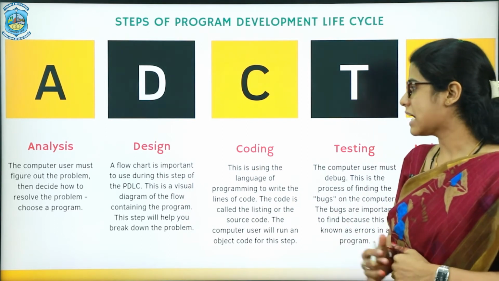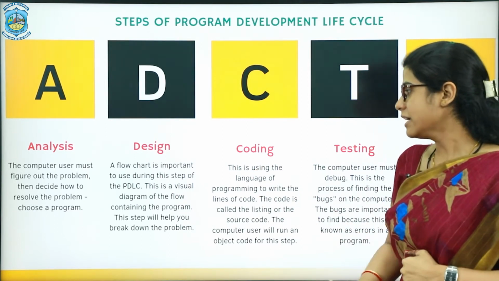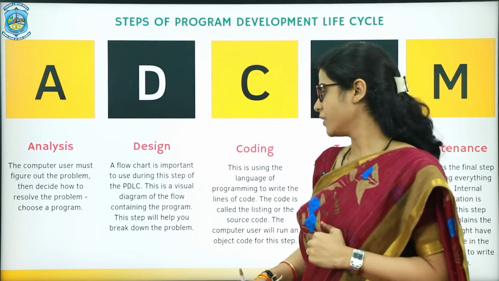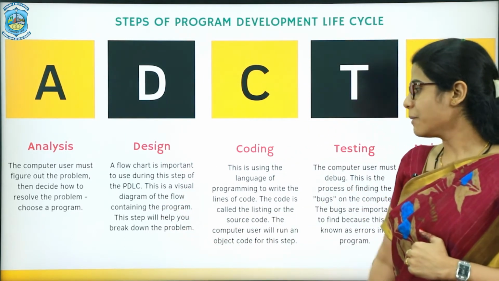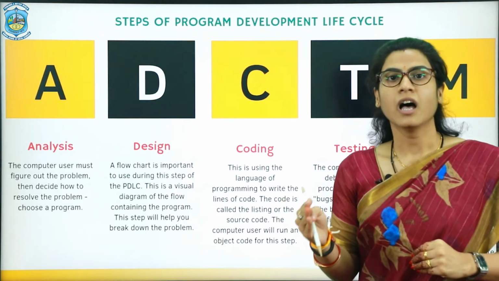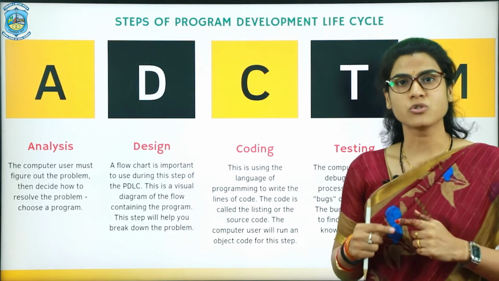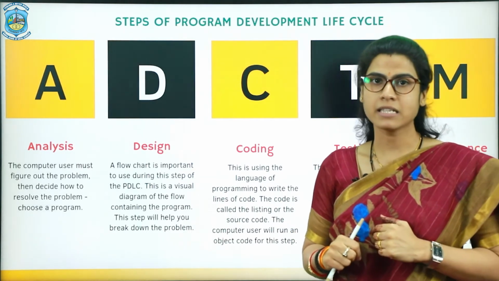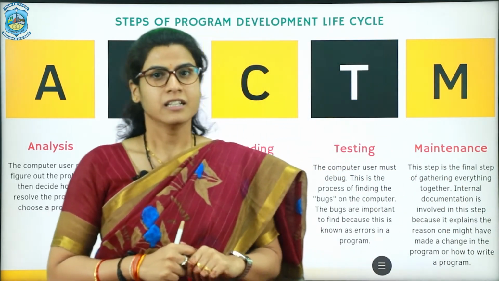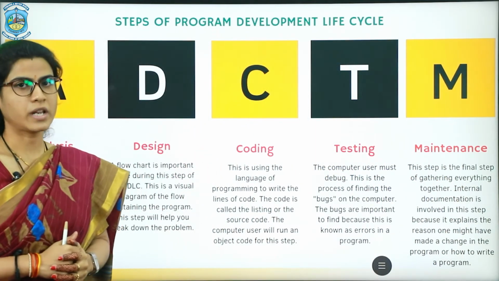Under this design phase, we actually make a flow which contains the program, or you can say this step will break down the problem into different modules. Accordingly, we can reach each and every module step by step and we can resolve a problem. After designing, we proceed with the coding part.